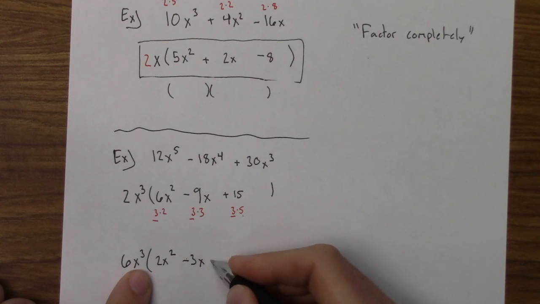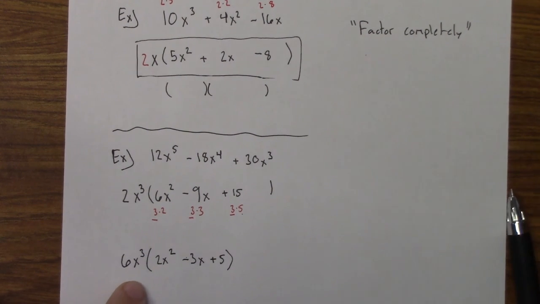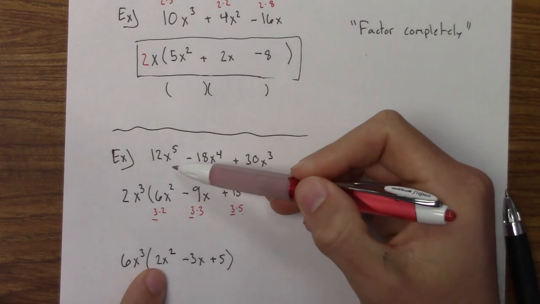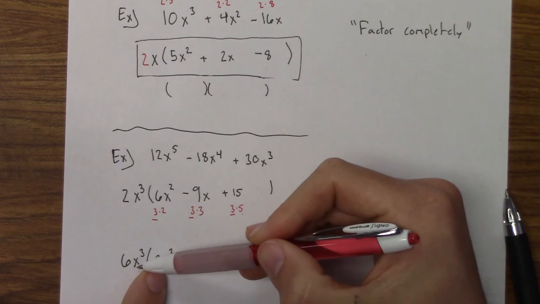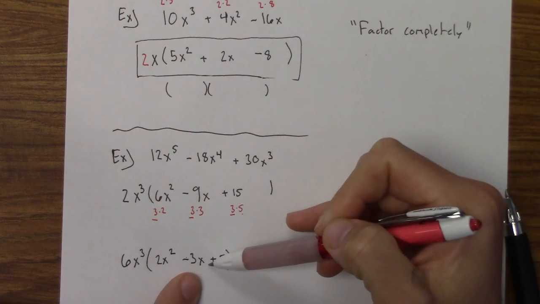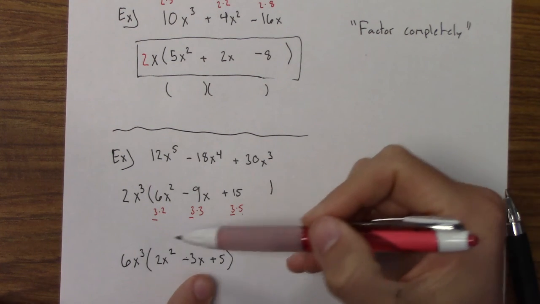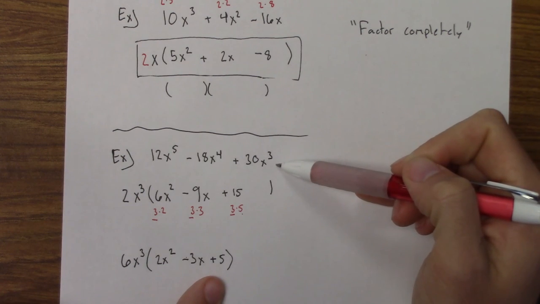Last term, I had a 5 left over, so plus 5. And we can double check this back to the original. 6x cubed times 2x squared is a 12x to the 5th. 6x cubed times a minus 3x is a minus 18x to the 4th. And a 6x cubed times a 5 is a plus 30x cubed.